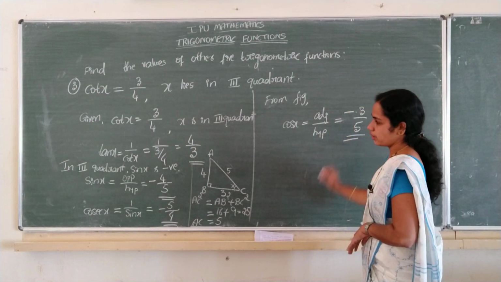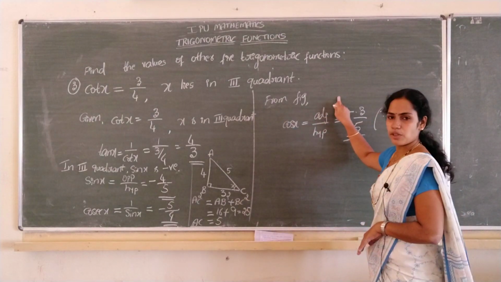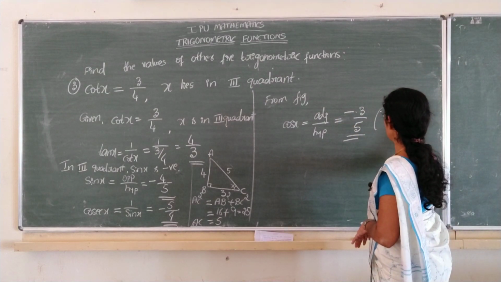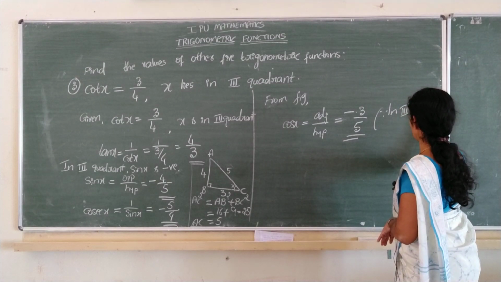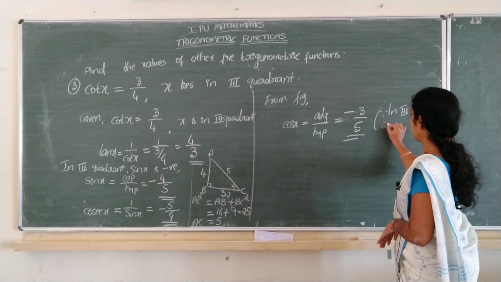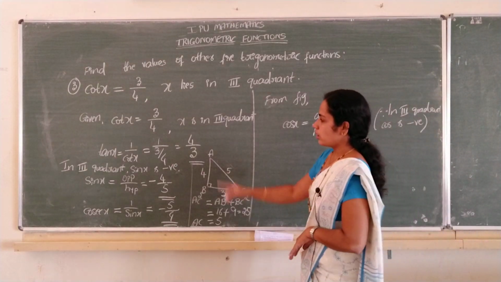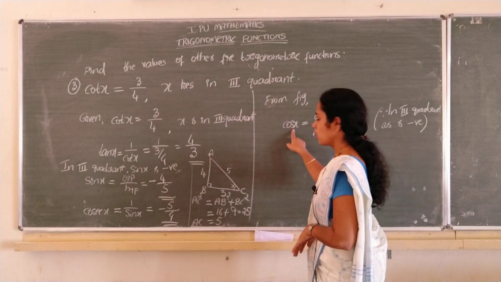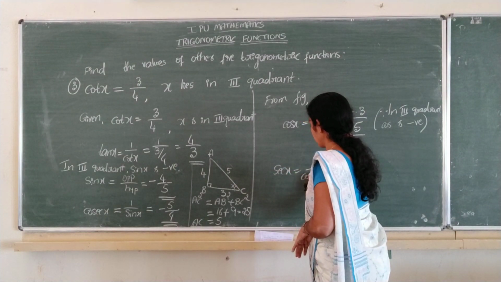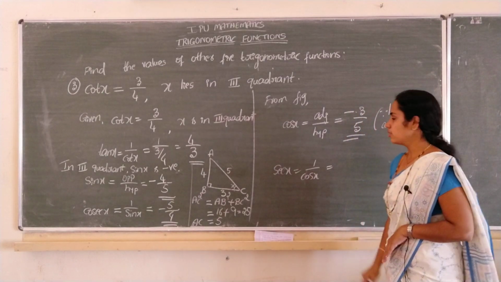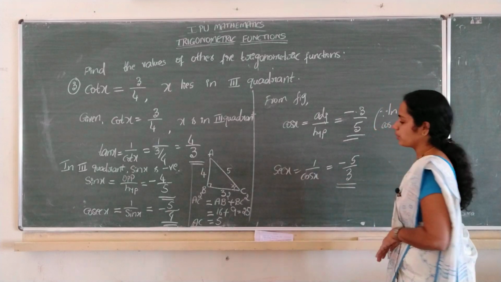In the third quadrant, cos is also negative. Now tan x is over, cot x is over. We know cos x, so directly we can write secant x. Secant x is 1 by cos x, the reciprocal: minus 5 divided by 3.